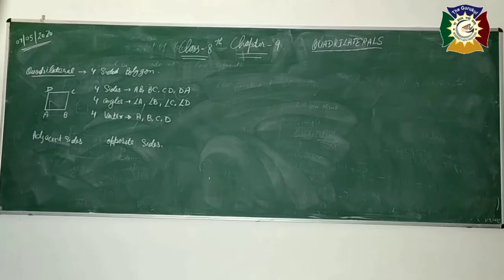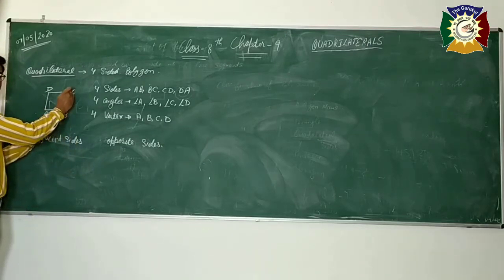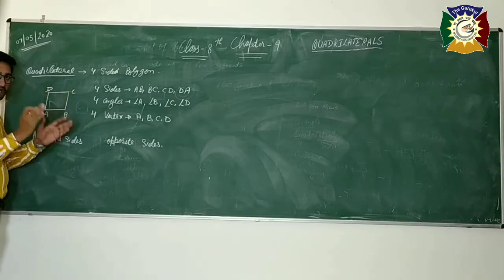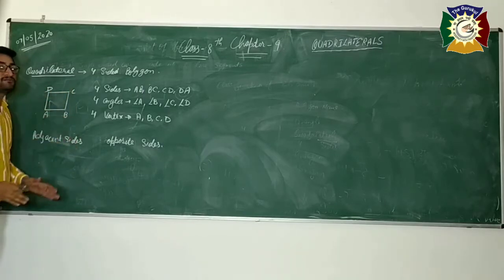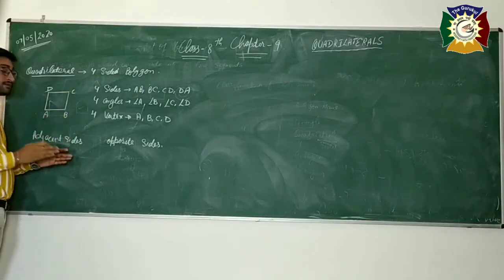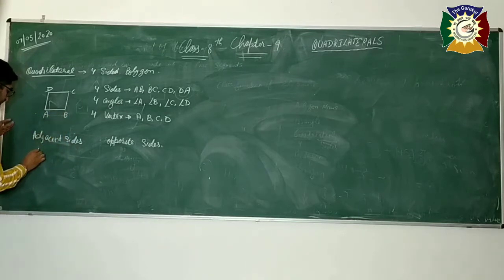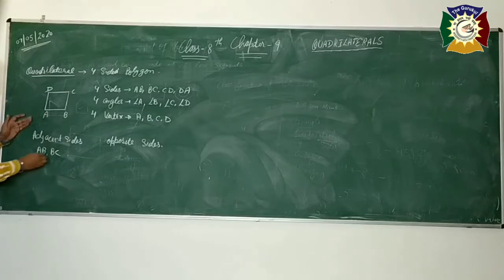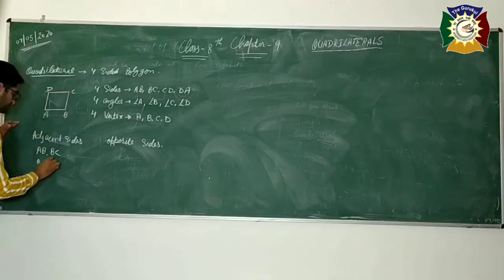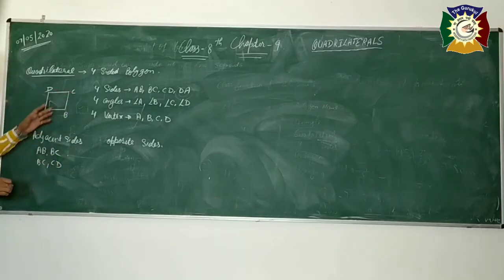Now, what are adjacent sides? Adjacent sides are the sides having a common vertex, like AB and BC. This is a pair of adjacent sides. Similarly, BC and CD is another pair of adjacent sides.